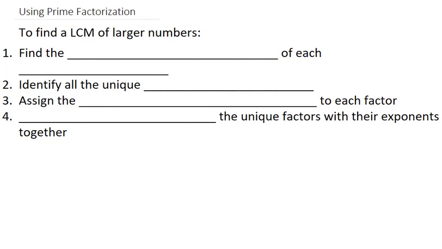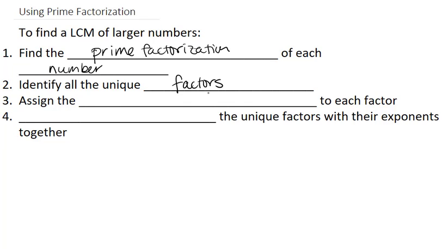Using prime factorization to find the least common multiple of larger numbers, we will, step 1, find the prime factorization of each number. Then we will identify all the unique factors.